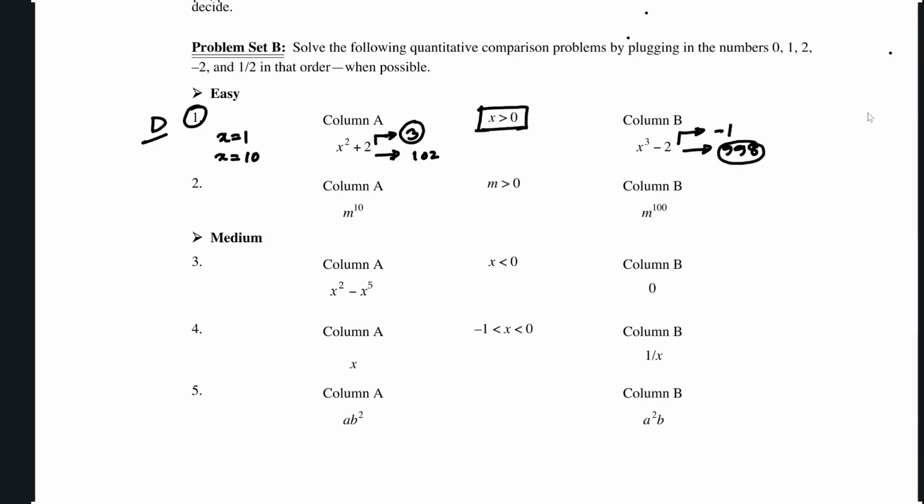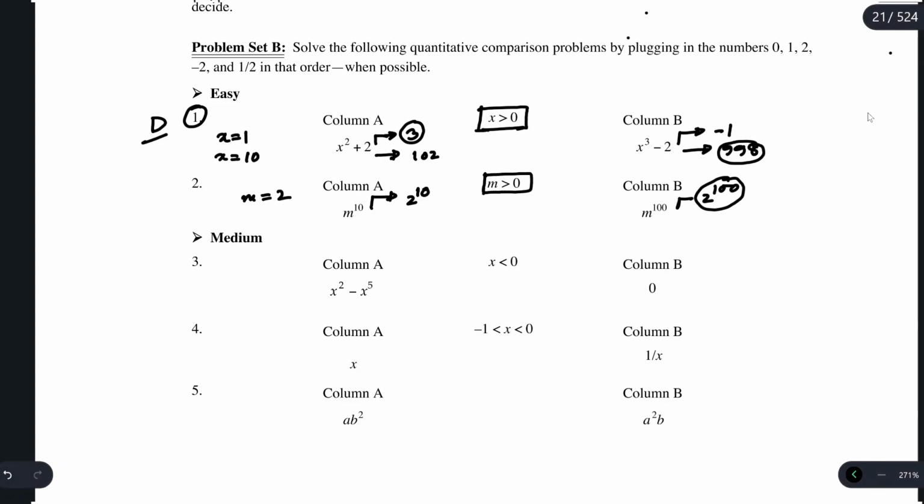So let's first try with m equals 2. Column A value would be 2 to the power 10. Column B value would be 2 to the power 100. We know that column B would have a greater value. But now all we have to follow is that m should be a positive number.